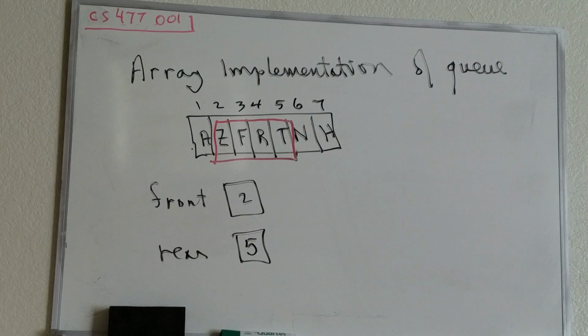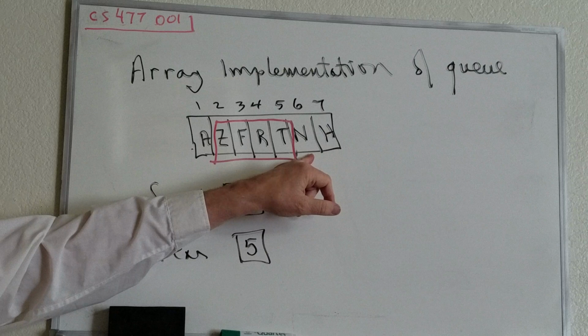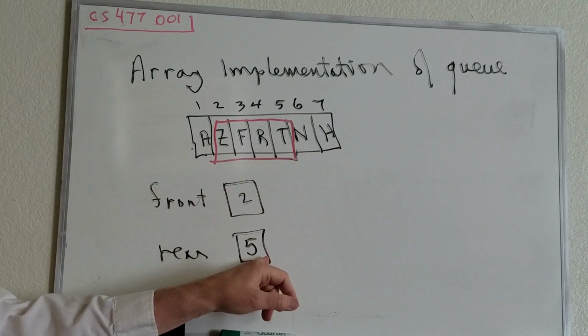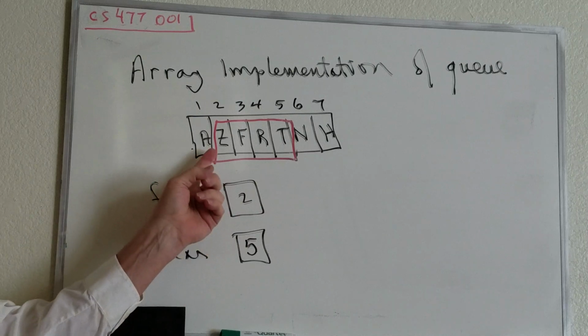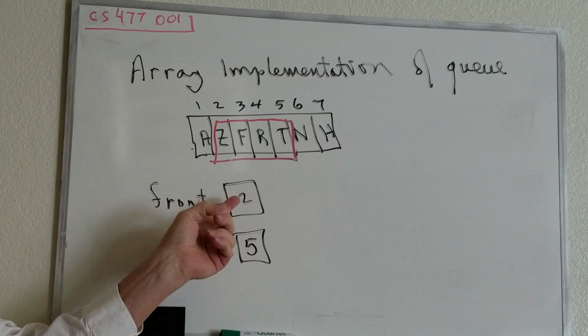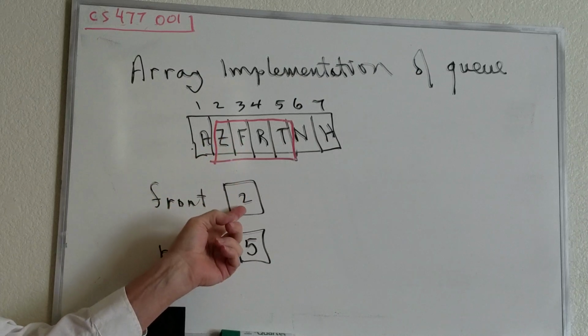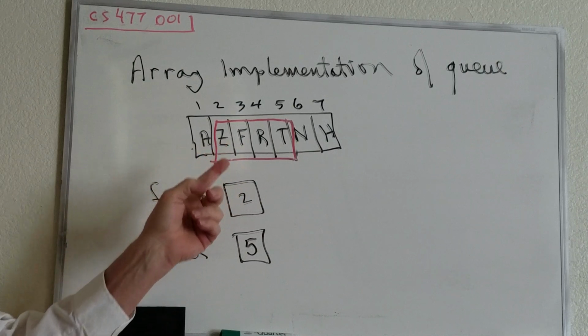Now, as we insert an item into the queue, we have to expand rear and increment this number. If we dequeue an item, we have to decrease the queue size, which means we increment the value of front. We would change that to 3, thus indicating that Z has been deleted.